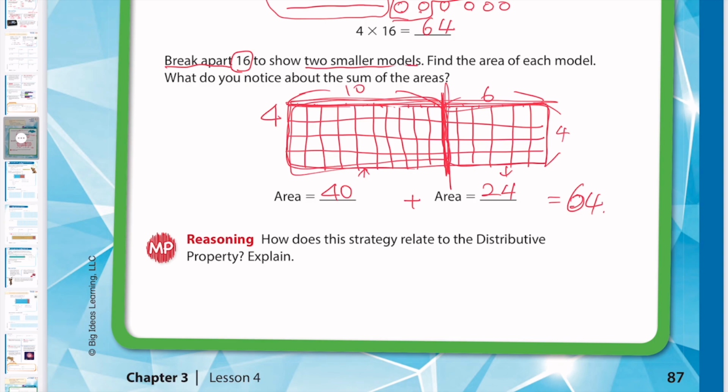I'm not going to write this one down, so you just understand this. This is splitting, breaking apart 16 into 10 and 6. That's what the distributive property is.